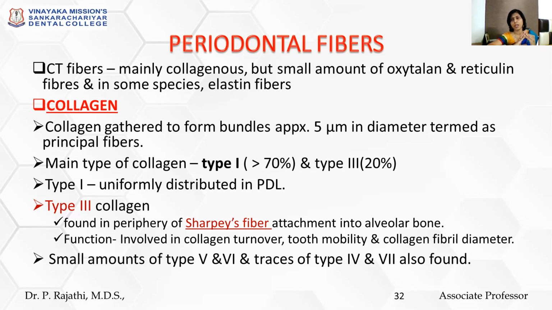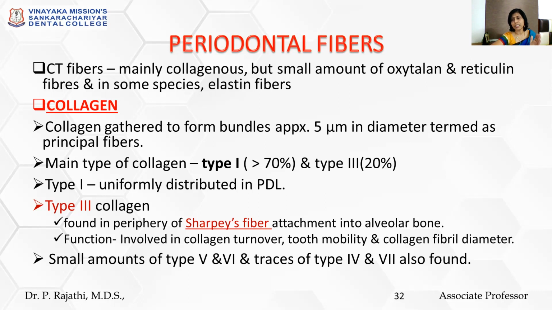The main type of collagen that you see in the periodontal ligament is type 1 collagen, which comprises greater than 70% of it, and type 3 comprises about 20%. This type 3 collagen is present in the Sharpey's fibers region. I have already said the periodontal ligament fibers attach the cementum and the alveolar bone.